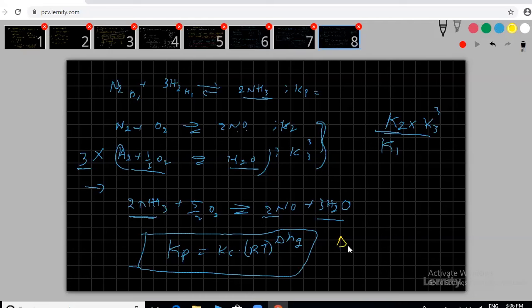Delta Ng equal to n product minus n reactant, but only in the gas state. You have to take only the gas state. So Kp Kc relation we already know: Kp equal to Kc into RT power delta Ng.